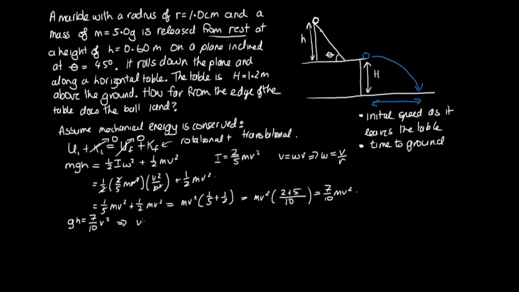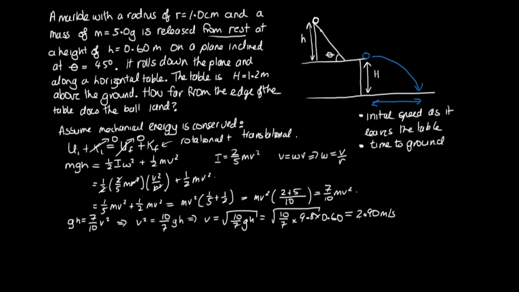So we've got v squared is equal to 10 over 7 gh, which tells us that v is equal to the square root of 10 over 7 gh. We can actually evaluate this. So we've got 10 over 7 times 9.8 times h, the height, which we were told was 0.60, and solving that, we end up with 2.90 meters per second.